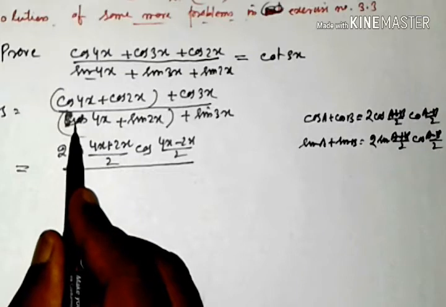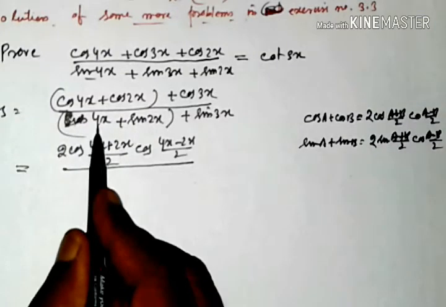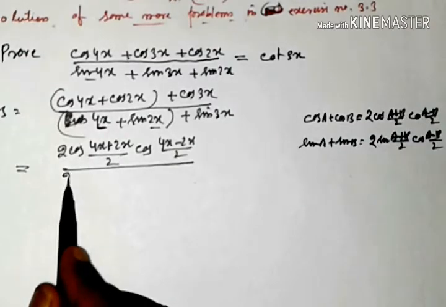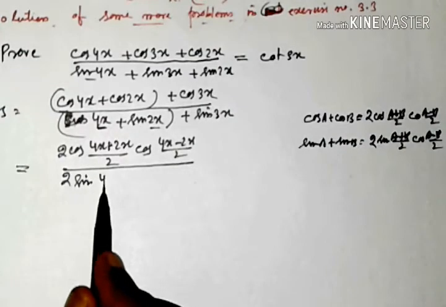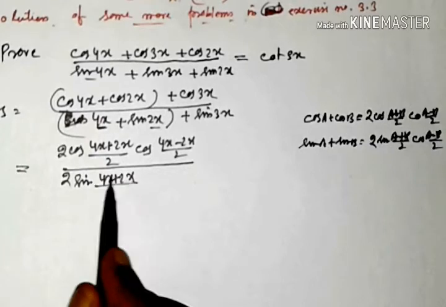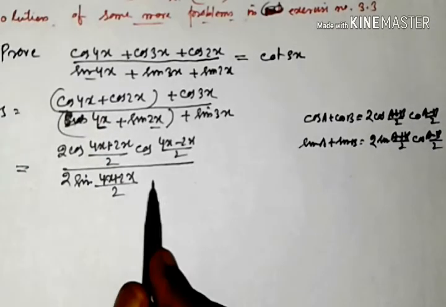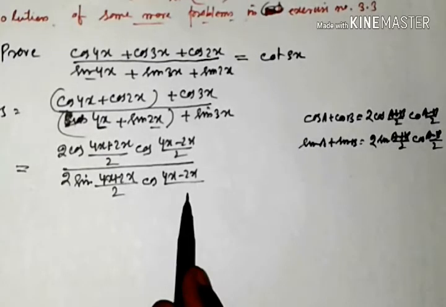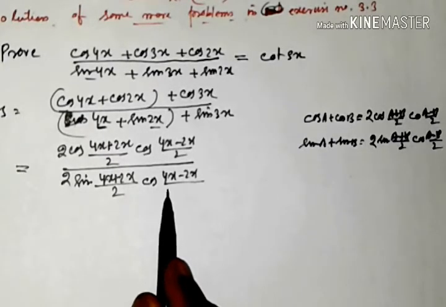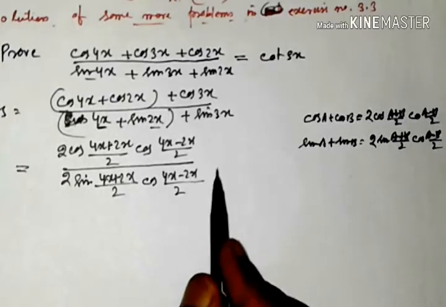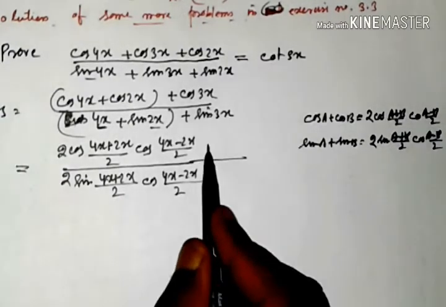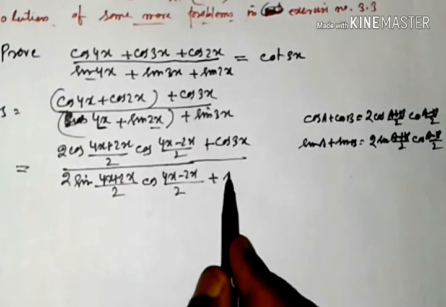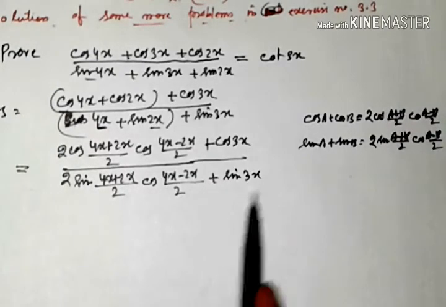Considering 4x as A and 2x as B, we get 2 sin (4x plus 2x) by 2 cos (4x minus 2x) by 2. Plus cos 3x remains same, and sin 3x remains same.